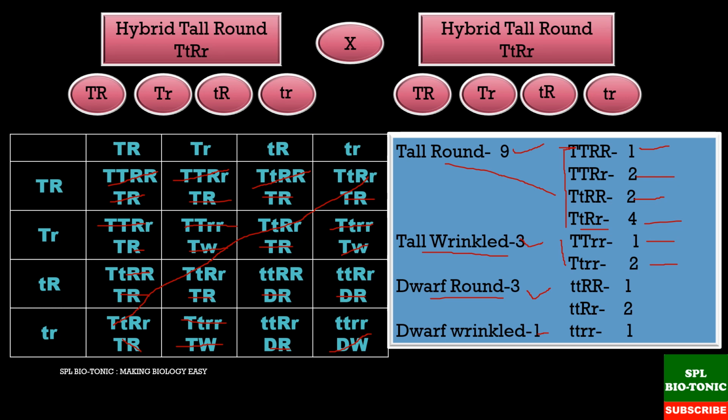Now the next genotype is small t small t capital R capital R, which is repeated once, and the next is small t small t capital R small r, which is repeated twice in the checkerboard. These two are the genotypes corresponding to dwarf and round, and the last one is small t small t small r small r, which is repeated once.